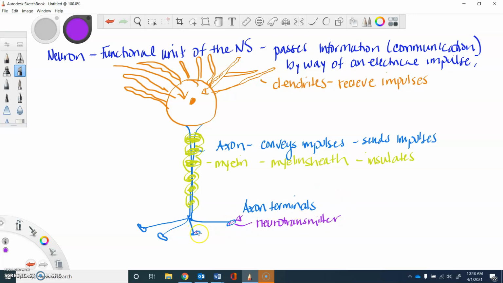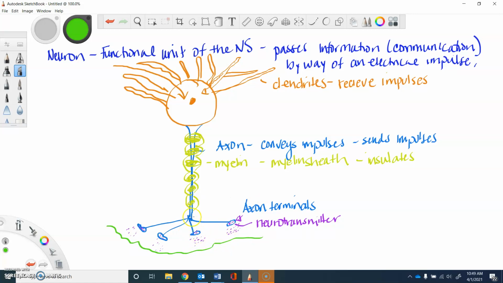And when an impulse is sent, that neurotransmitter will be released to go over to the effector. So this is the effector here. That neurotransmitter will go over to the effector to do its thing.